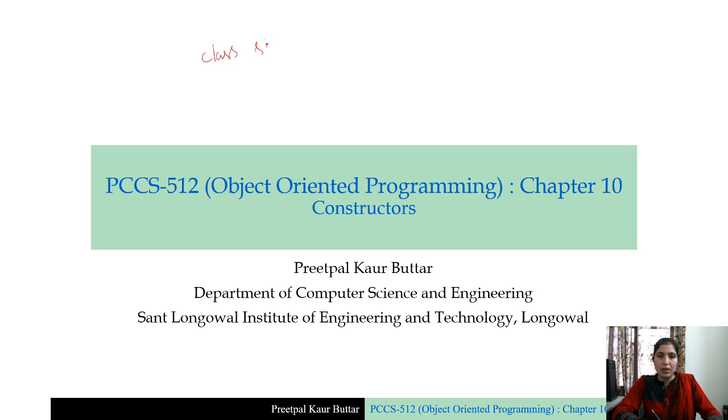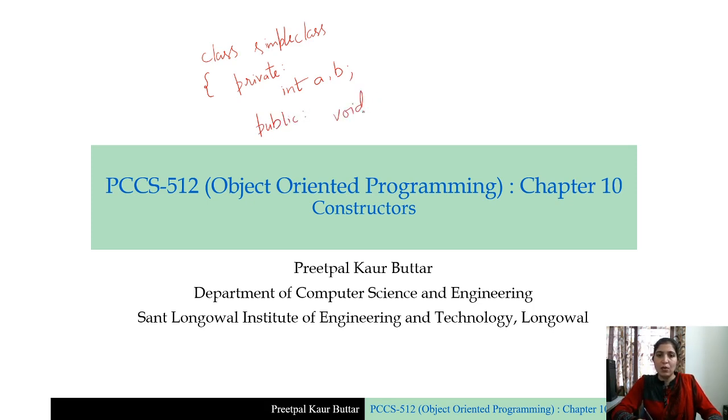suppose its name is simple class, and inside the class, we had some private data members. Suppose they were A, B. And in the public section, we had two member functions.